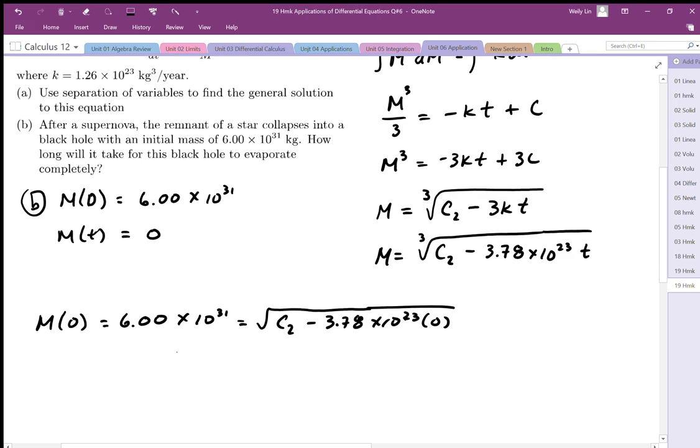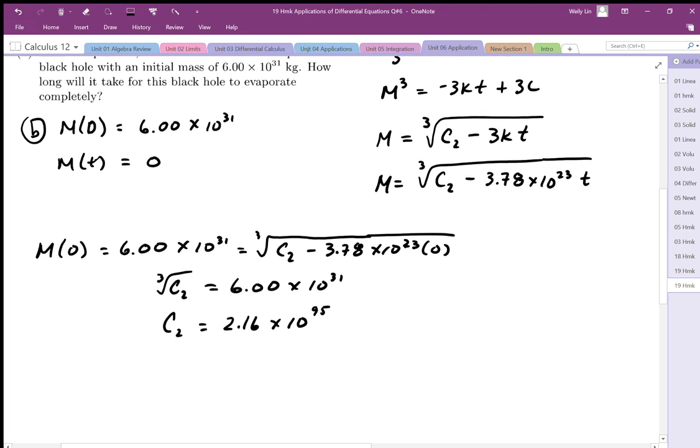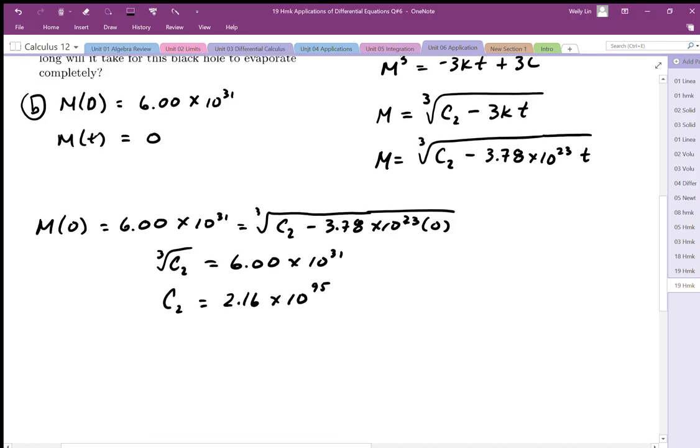Okay, so the cube root of c₂ is equal to 6.00 times 10 to the 31. So the value of c, when I cube both sides, works out to be 2.16 times 10 to the 95. Okay, so some big mass. That's going to be our c value in this equation.